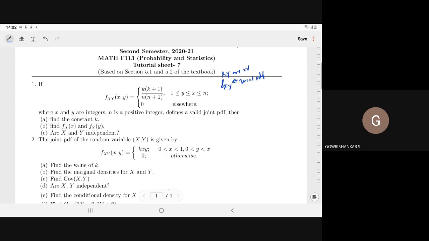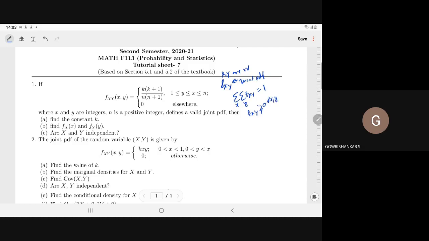For being a PDF, you know from the basic theory, if it is discrete, then the summation over x, summation over y of f_XY must be equal to 1, and f_XY for all values of x and y must be greater than or equal to 0.